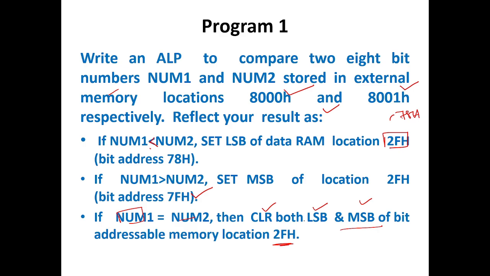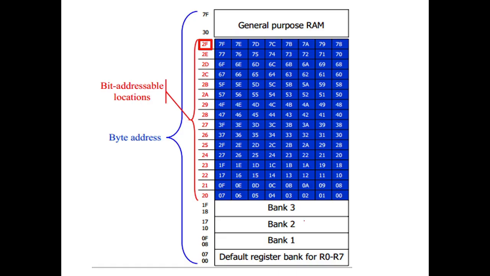So this is the logic. You can see this 2FH is a bit addressable location. In the program, what they are asking: if number 1 is less than number 2, I need to set the LSB, least significant bit, as 1.